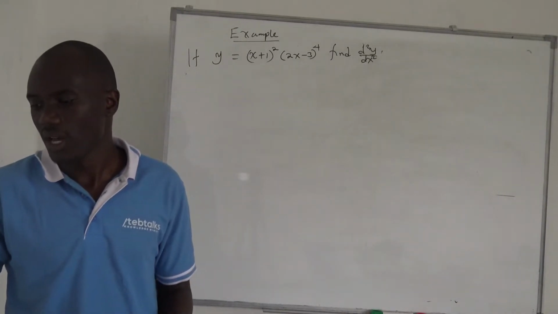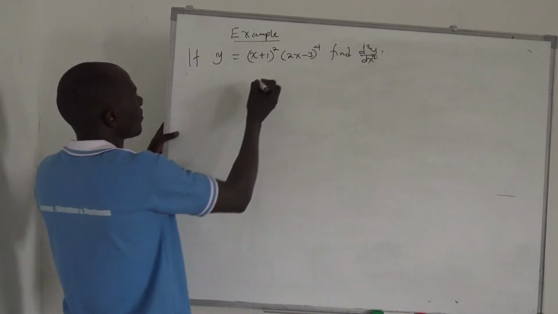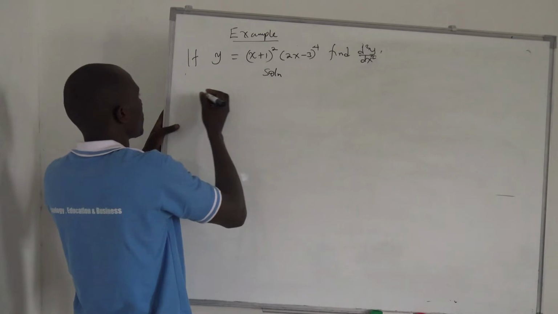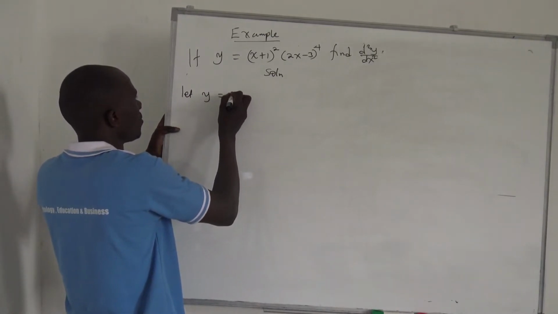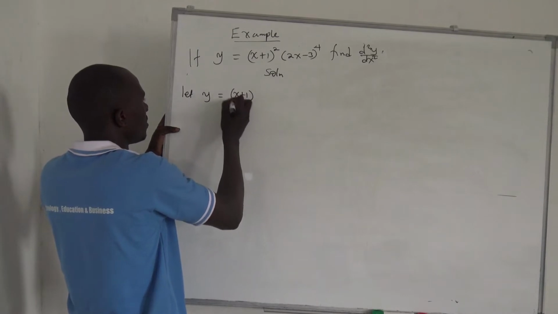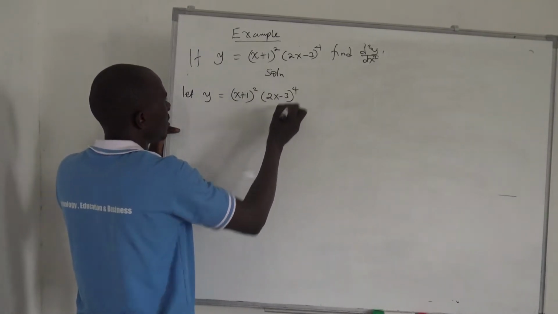How do we handle such a number? What we do here is very simple. We start by saying let y equals x plus 1 squared times 2x minus 3 power 4.